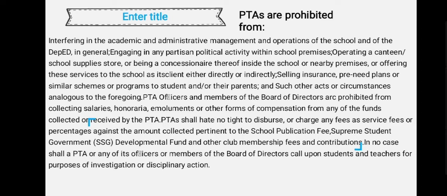In no case shall PTE or any of its officers or members of the board of directors. The recognition of any PTE shall be cancelled by the Division PTE Affairs Committee upon the recommendation of the school head concerned for any violation of the above-mentioned prohibited activities and these guidelines.